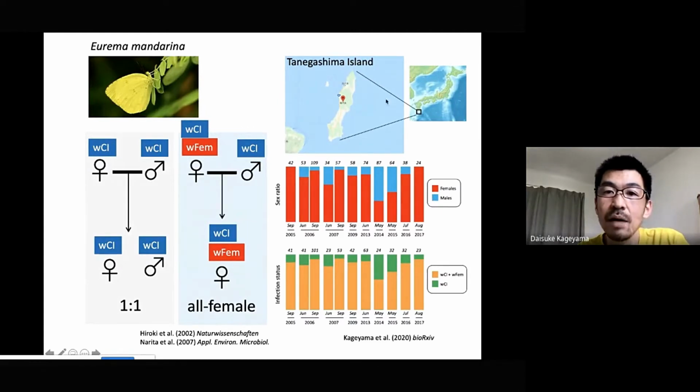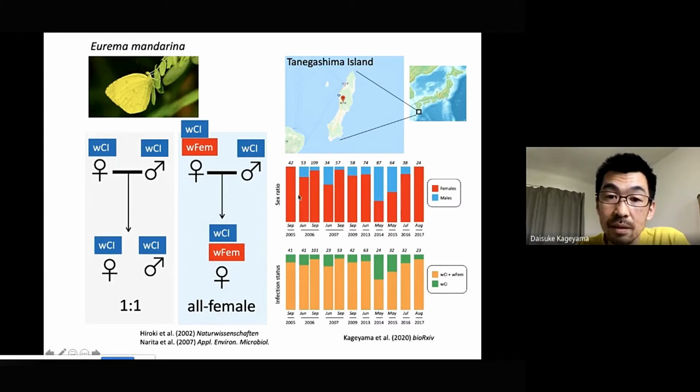But in Tanegashima Island, this is my field site, we started observation from 2005. The sex ratio is quite female biased, but it fluctuates, and they do not go extinct, and no suppressor has evolved until now. They are somehow maintained in the population, but I don't know why, what is happening.